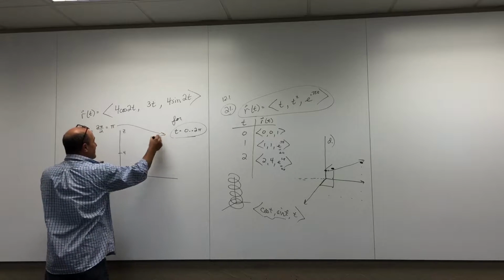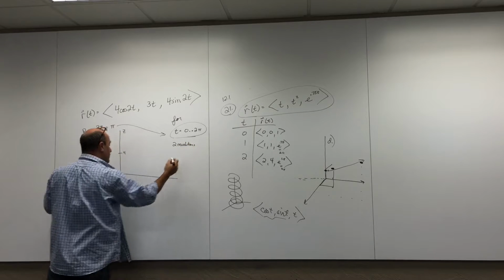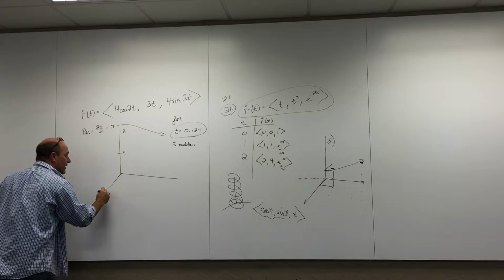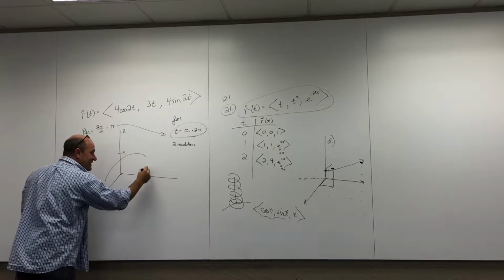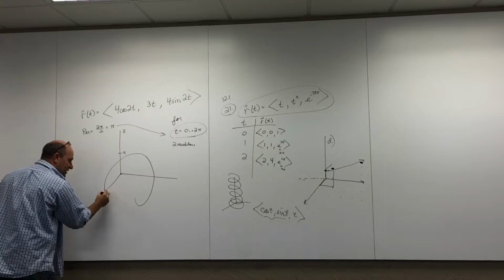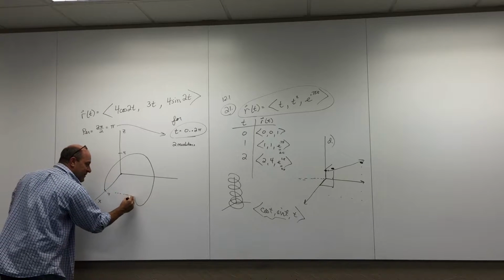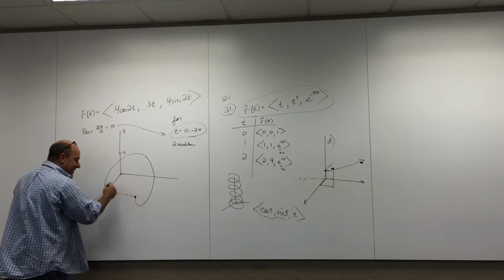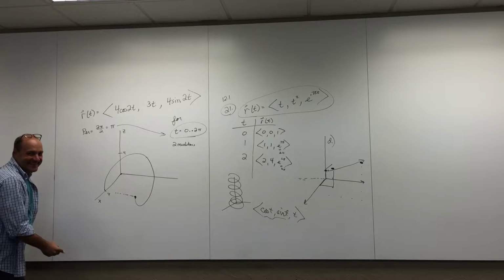Let me try to draw 2 revolutions of this thing. I think it's going to go this way. It goes around behind the y-axis and then comes out, and I'm trying to hit this parallel spot right here. Here it is, completing 1 revolution. It's tricky drawing.